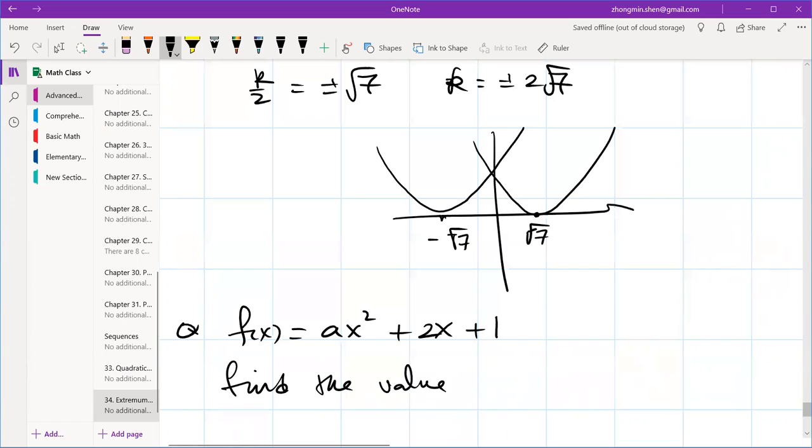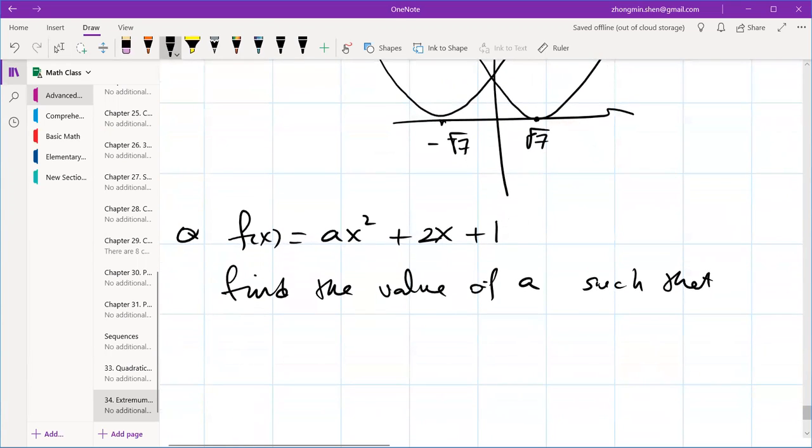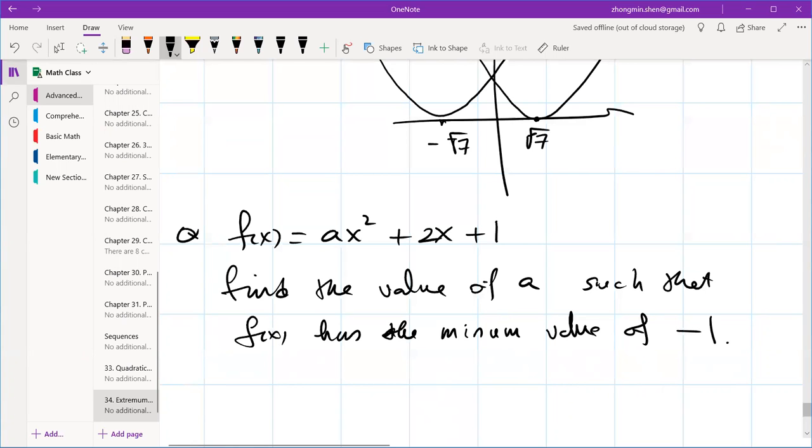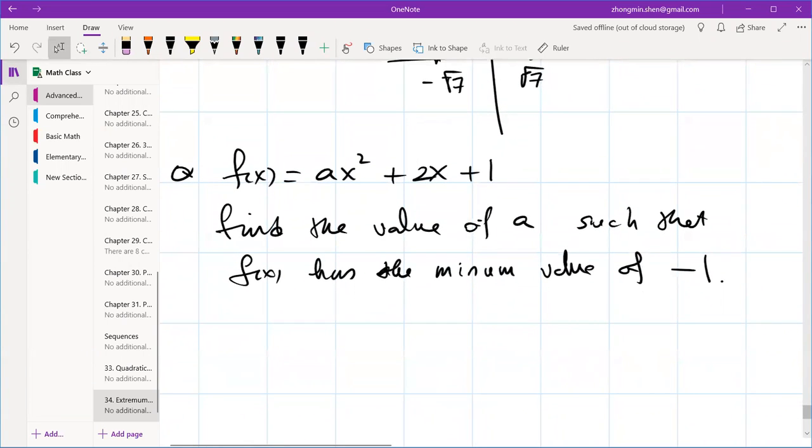Find the value of a such that this function has a minimum value of -1. Okay, let's try. Maybe it has no solution, maybe it has a solution.